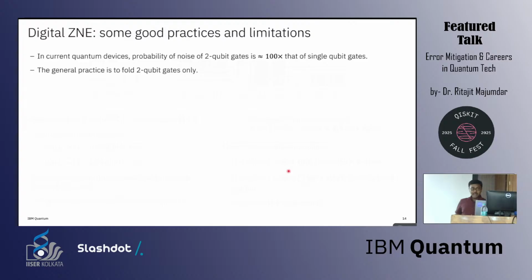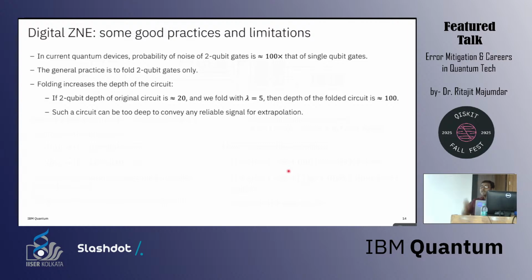So in practice, often it is assumed that single qubit gates are noise free, only the 2-qubit gates have noise. This is an assumption that is made, and when you fold, it's better to fold only the 2-qubit gates. It kind of restricts the depth of the folded circuit.